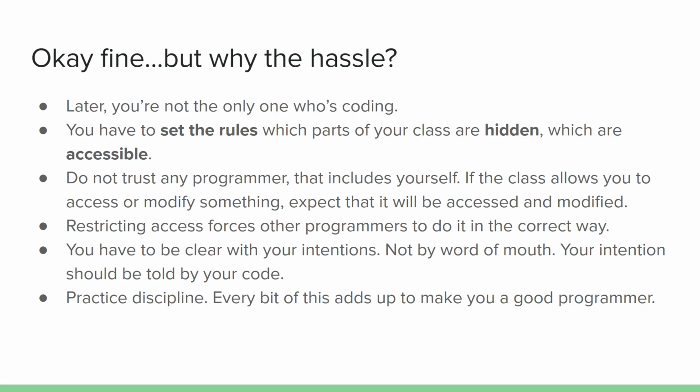Because sometimes that's how it is. Let's say your teammate is working on another class. You're working on this class, and they have to interact with each other. You only want to give the other programmers access to variables and functions that will be useful for them. We don't want them to see how we deal the damage or whatnot.